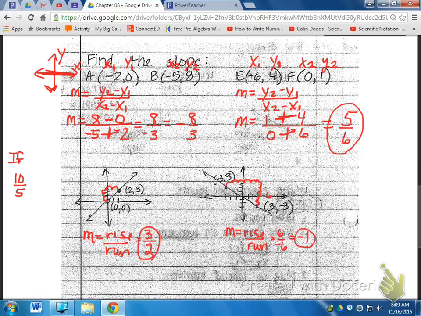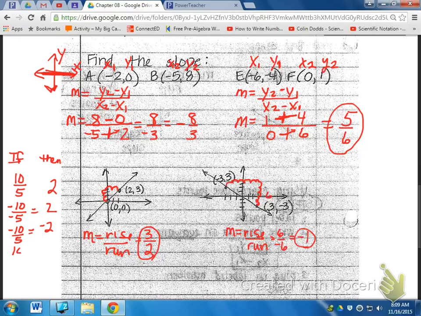If it came out to 10 over 5, you would write your answer as +2. If it came out to -10 over -5, you would still be +2. What if it was -10 over +5? Then it would be -2.